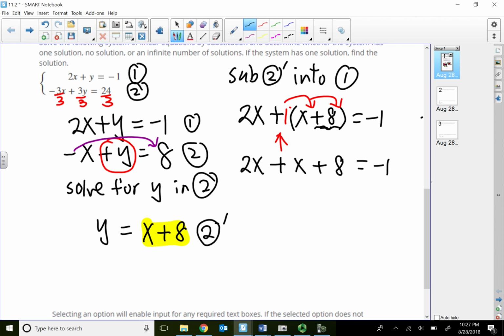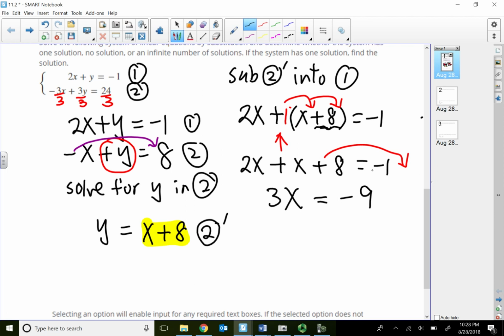So basically the idea is, since I got two different variables, I substitute one of them into one of my equations, so I can only end up with one variable, one equation. So combine like terms here, that will be 2x plus x is 3x. At the same time, I'm going to move my positive 8 over. That becomes negative 8 on the other side, which is going to be negative 9.